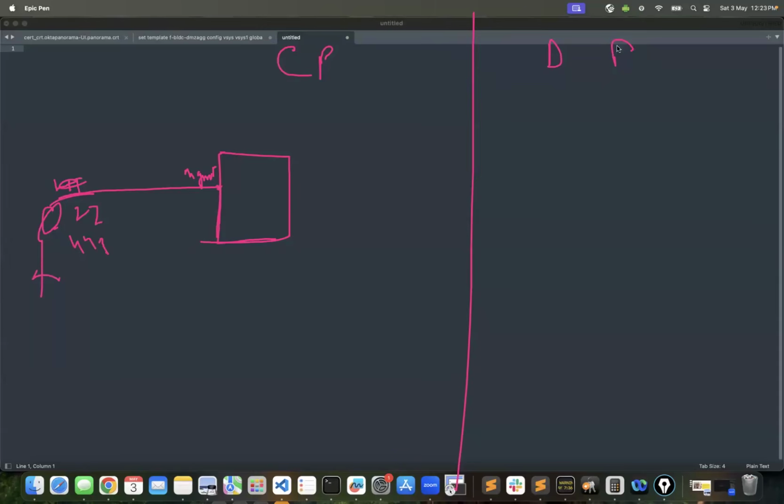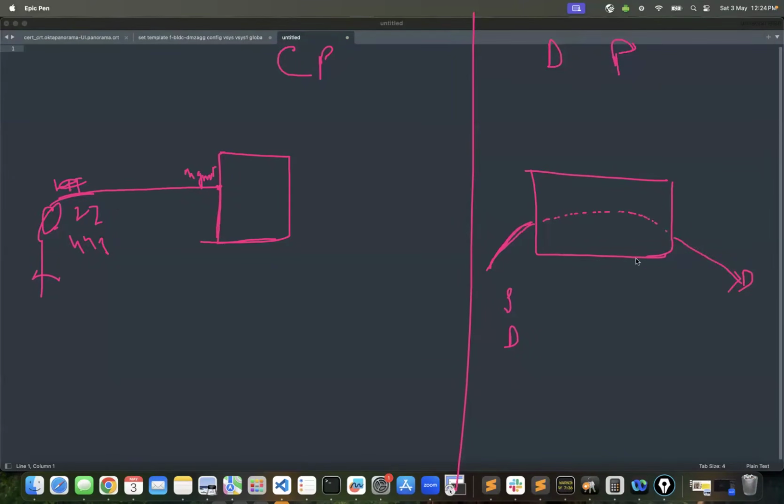Then here is another case. There is traffic, where your source is here and the destination is there. Your traffic is coming here, going inside the firewall, and reaching that destination.